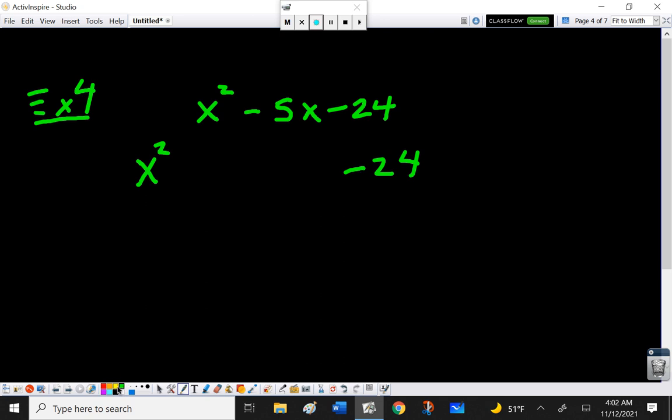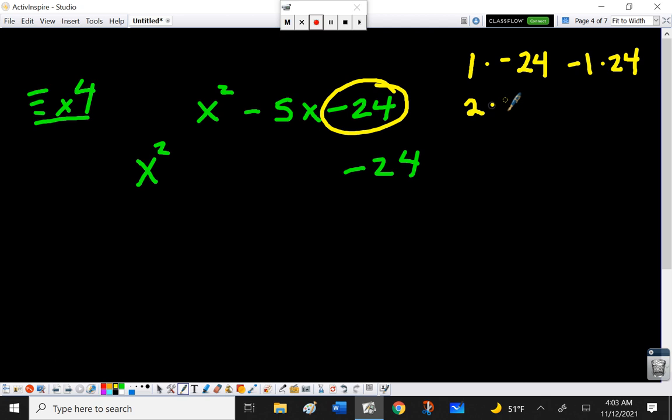and looking at our back number here, we know that one of them's got to be positive and one of them has to be negative. Now it's either going to be this one or it's going to be negative 1 times 24. How about 2 times negative 12?